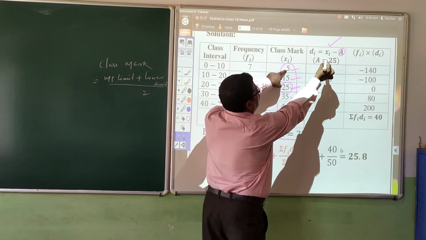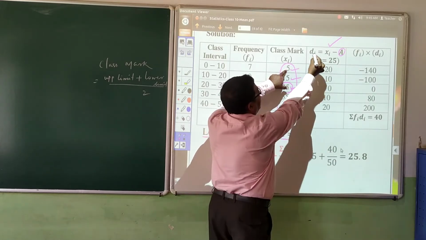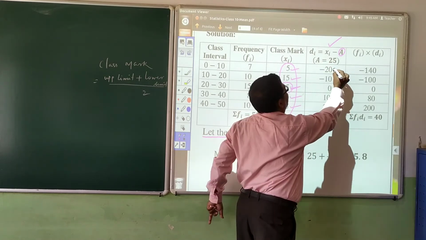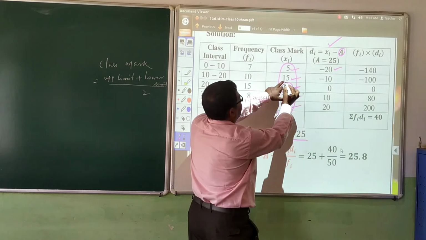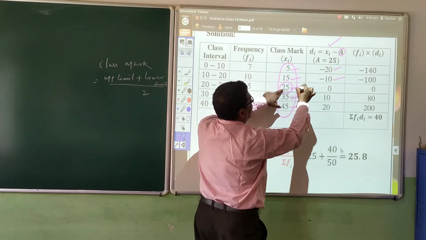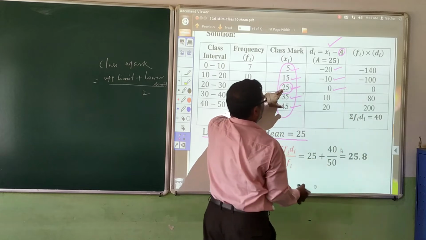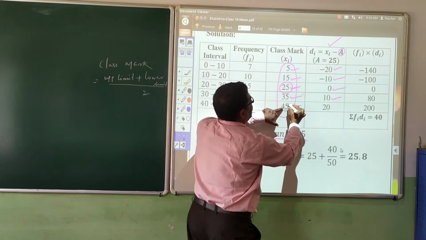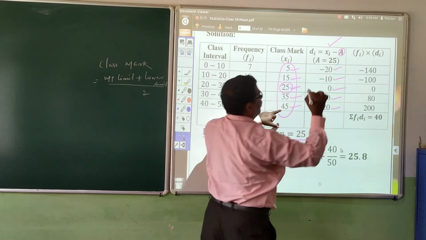You have taken A equal to 25. So what will be di? 5 minus 25 equal to minus 20. Similarly, 15 minus 25, minus 10, 25 minus 25, 0, 35 minus 25, 10, 45 minus 25 equal to 20.